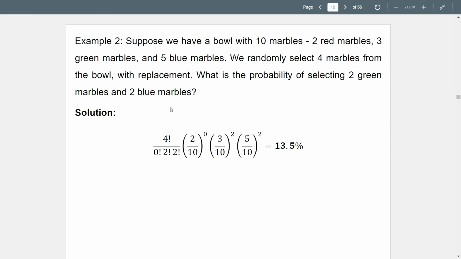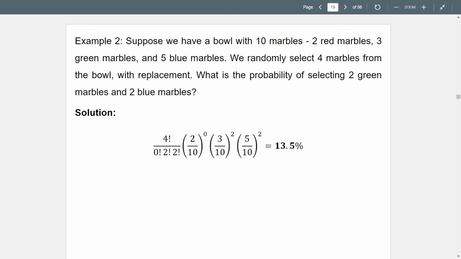The probability of getting a red marble is 2 out of 10. The probability of getting a green marble is 3 out of 10. And the probability of getting a blue marble is 5 out of 10. The exponent n1 is 0 for red, since no success is specified for a red marble.